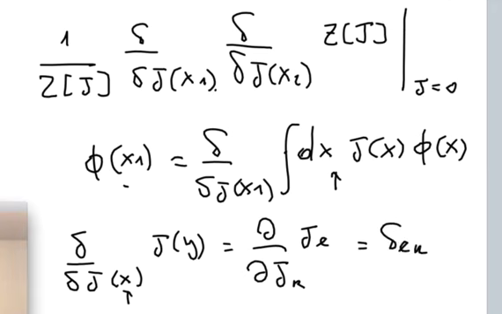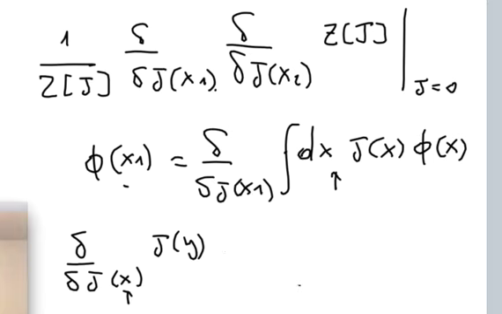So when I go to the continuum, this will be a functional delta, a delta function. So the functional differentiation of the integral between a function and another function will produce this. Or stated differently, the functional derivative of J(y) by J(x) is a delta function.